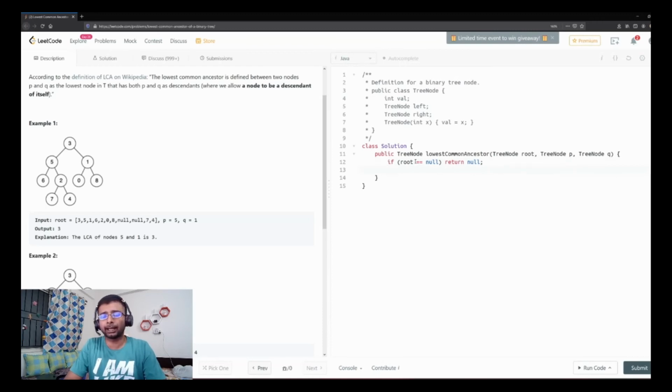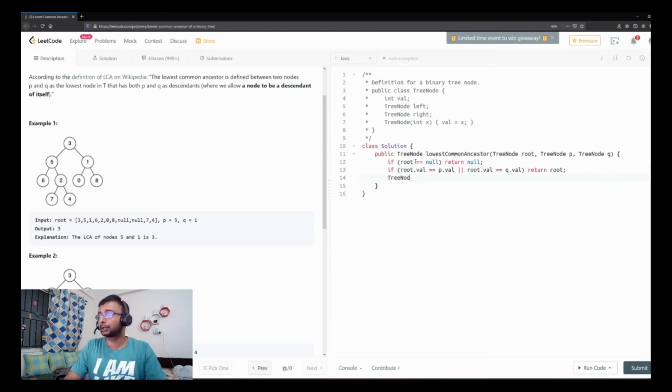And the next condition is root.val equals p.val, or root.val equals q.val. So when either condition matches, we return root, right?